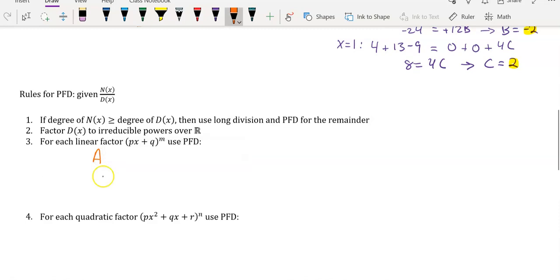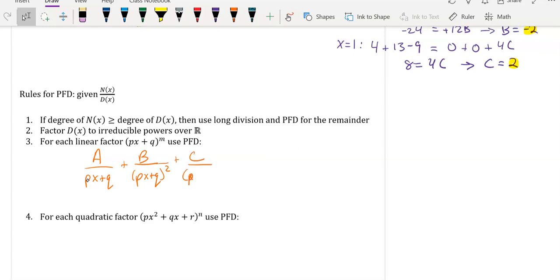So a over px plus q, plus b over px plus q squared, plus c over px plus q to the third, plus however many terms. Whatever this degree is, that's how many fractions I need for the linear parts.